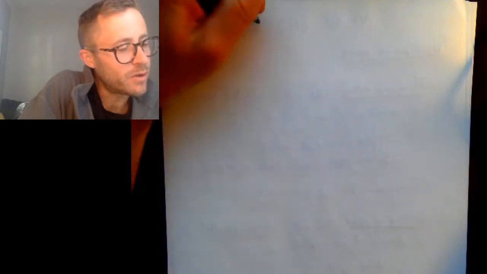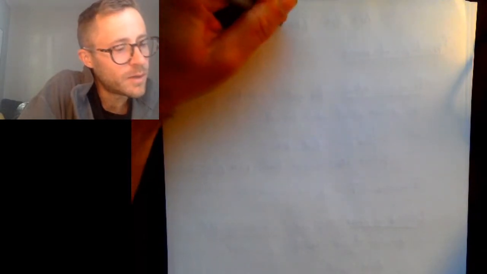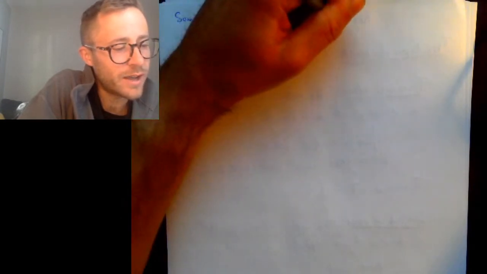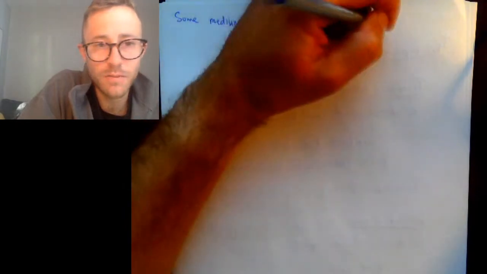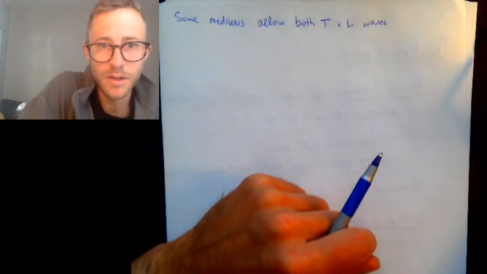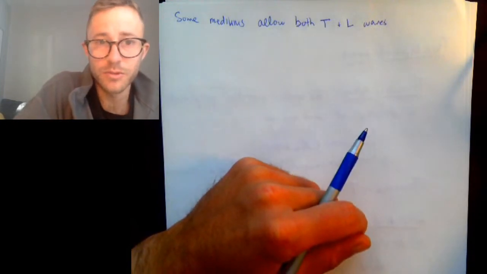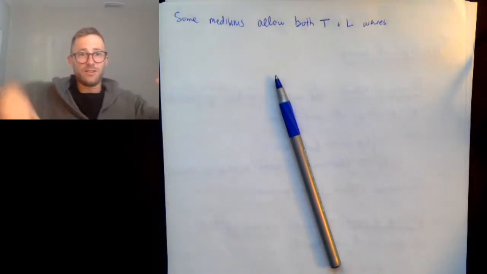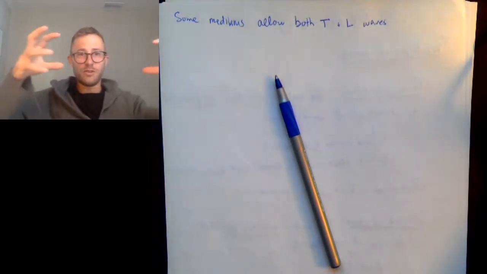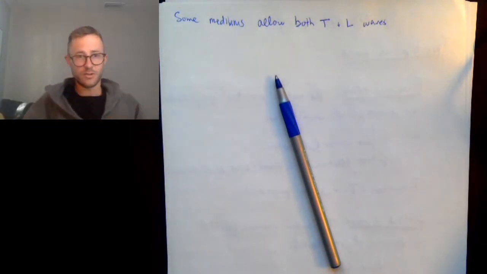Some mediums allow both transverse and longitudinal waves. Not all of them, but some of them. Here are some examples. If you take a slinky and vibrate it like this, you are going to create a transverse wave that goes along the slinky.